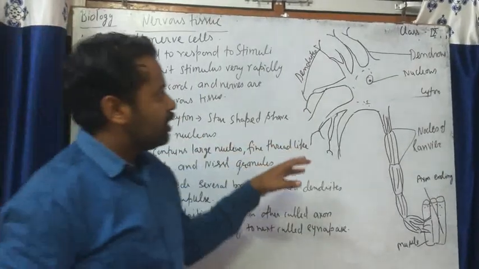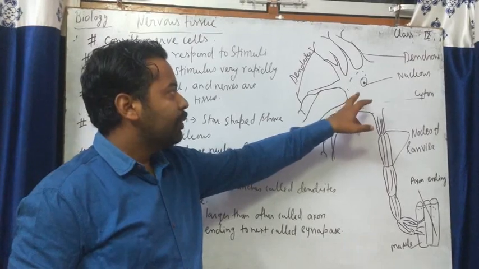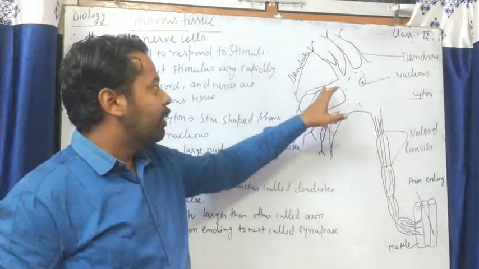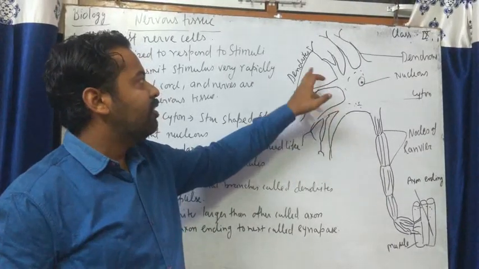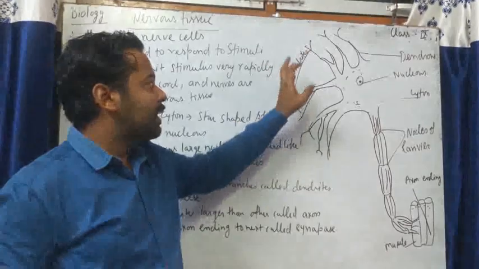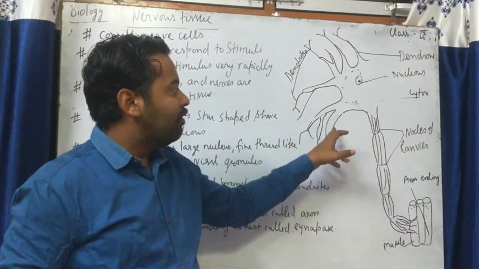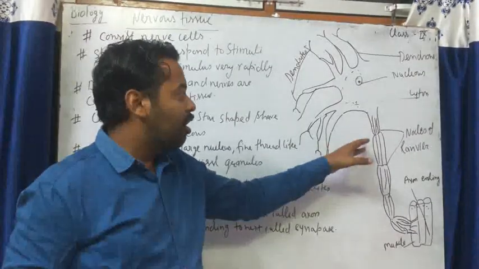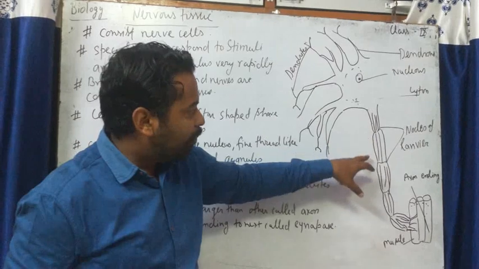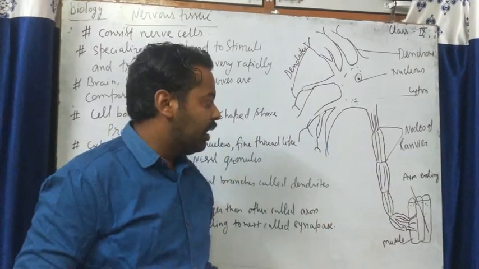If we see the structure of a nerve cell, it is a star-shaped structure with the nucleus in the center. The branches are known as dendrons, which further divide into dendrites, which help to receive impulses and send impulses to the next part. One branch is longer than the others and is called the axon, and the gap between two axons is known as the node of Ranvier.